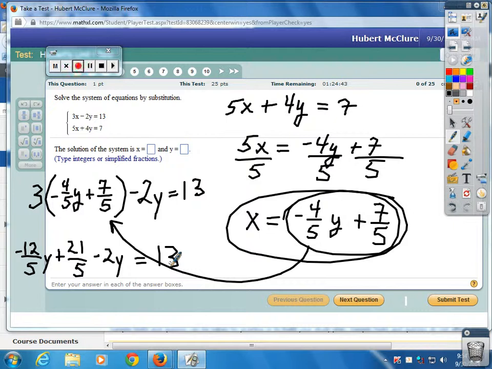Now I'm going to put the two y's together. Negative 12/5 y minus 2y equals 13 minus 21/5. All I did was put the two y's together and brought the 21/5 over here.